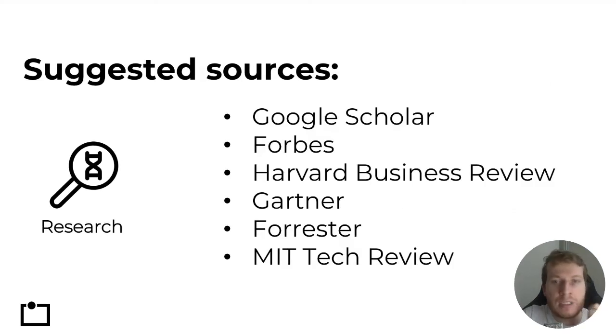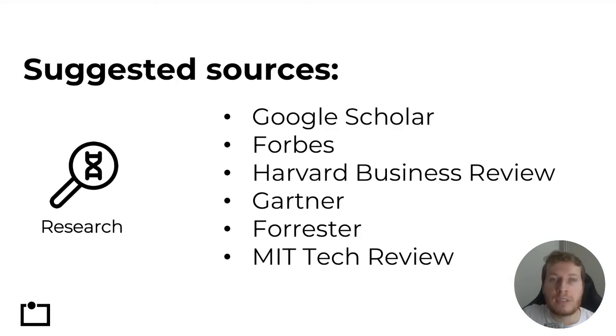I've separated here some sources that you can use when you are on the research phase. The one that I mentioned, Google Scholar, is a search engine for academic articles. You can use the Forbes website; it's a very well known magazine. Harvard Business Review, a really good magazine as well.